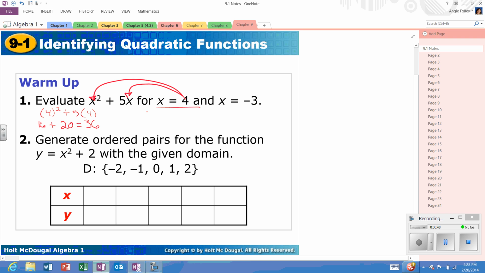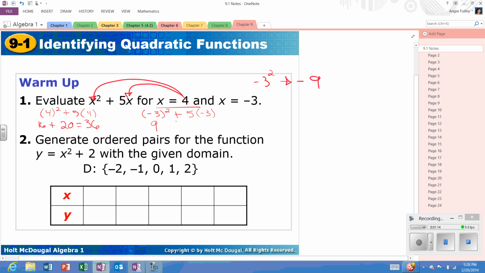Okay, if I plug negative 3 in, here's where you guys really have to be careful. You need to put negative 3 in parentheses because we're going to square negative 3. If you don't put the negative inside the parentheses and you just wrote it like this, that answer is actually just negative 9. But we want to square the negative 3, so we have negative 3 times negative 3, which equals 9.